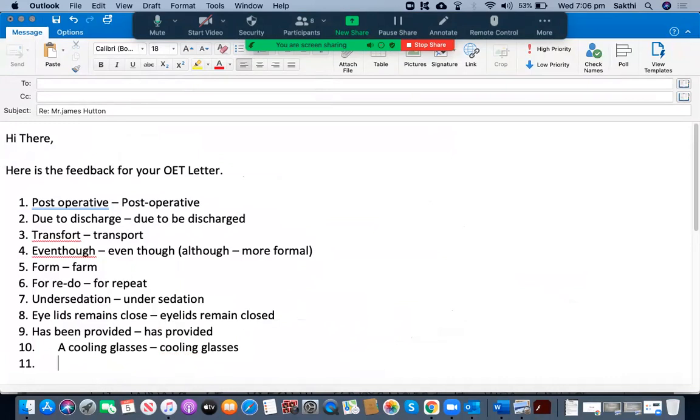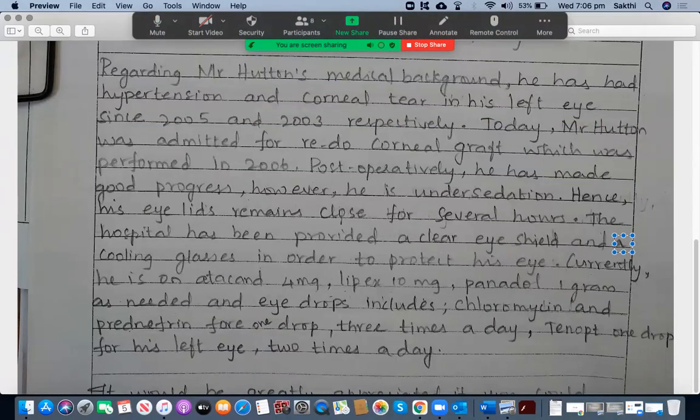Okay, let's go to the next one. In order to protect his eye. Currently he is on whatever the medication. That's good. Lipex 10 mg. Paracetamol 1 gram as needed. And eye drops including. So there are many eye drops, right?